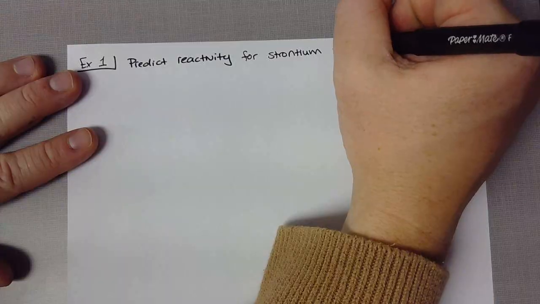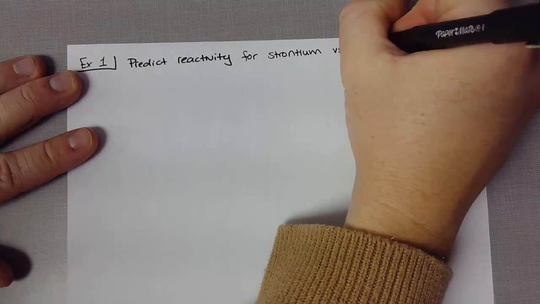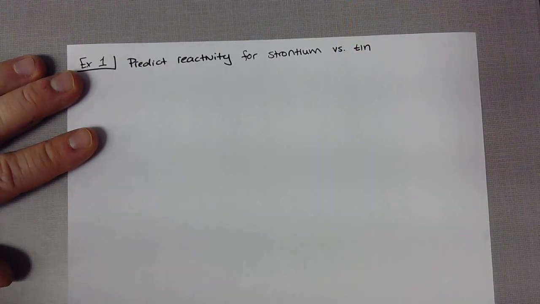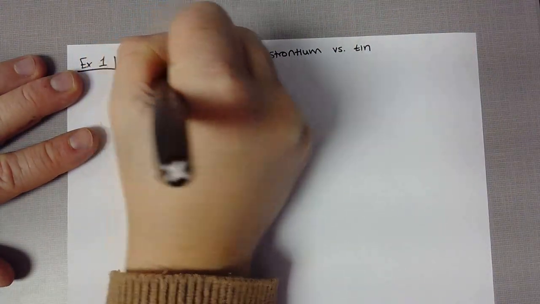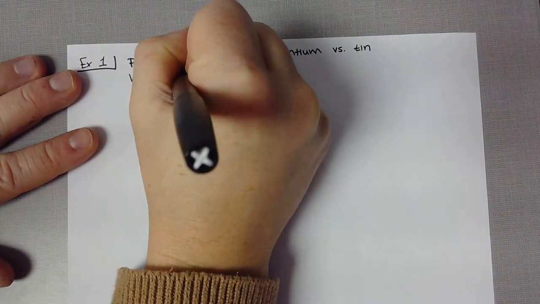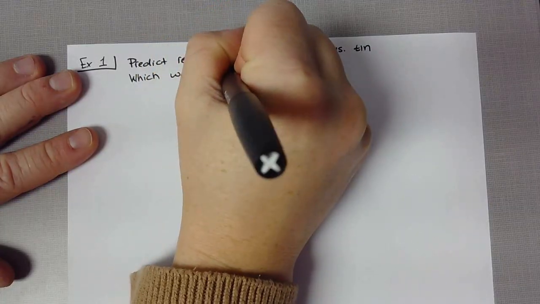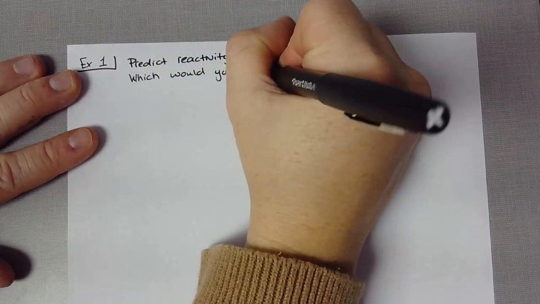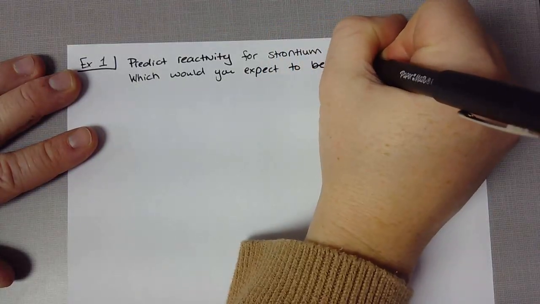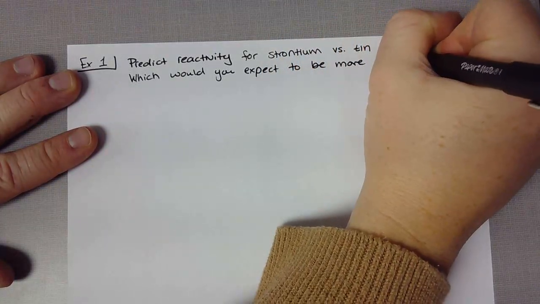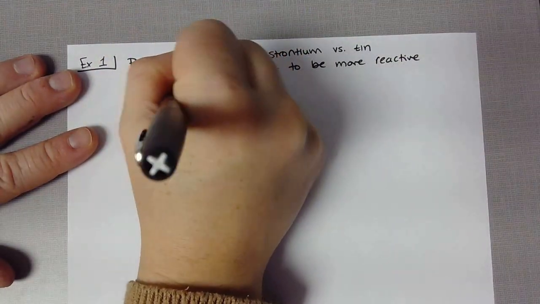Not antimony, because I want to do a metal. Tin. Which would you expect to be more reactive and why?